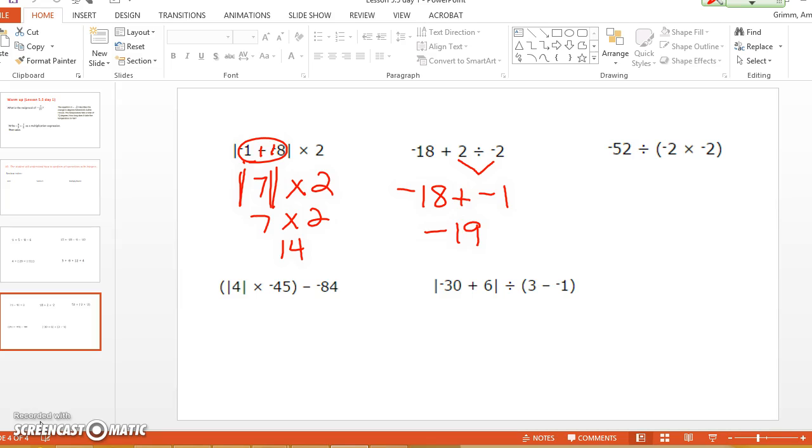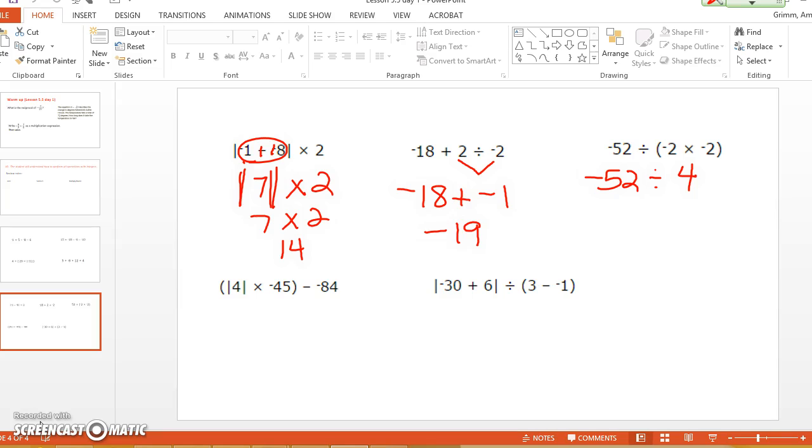Okay, where do I start on the next one? Parentheses. What is -2 times -2? Negative and negative make a positive. So this is a positive 4. All right. Now I have -52 divided by 4. It's going to be negative.